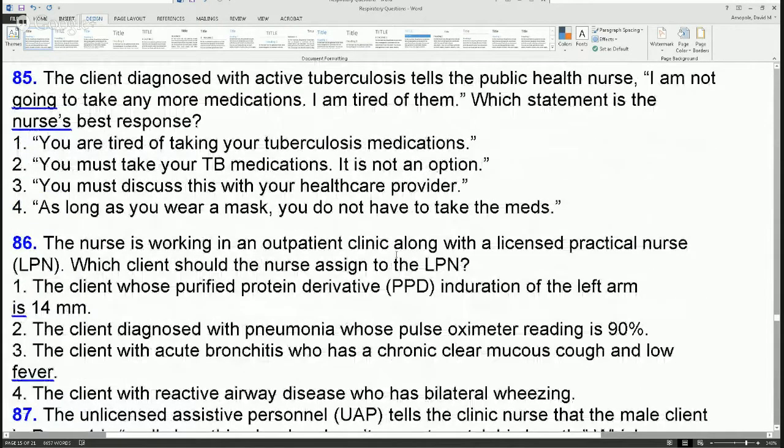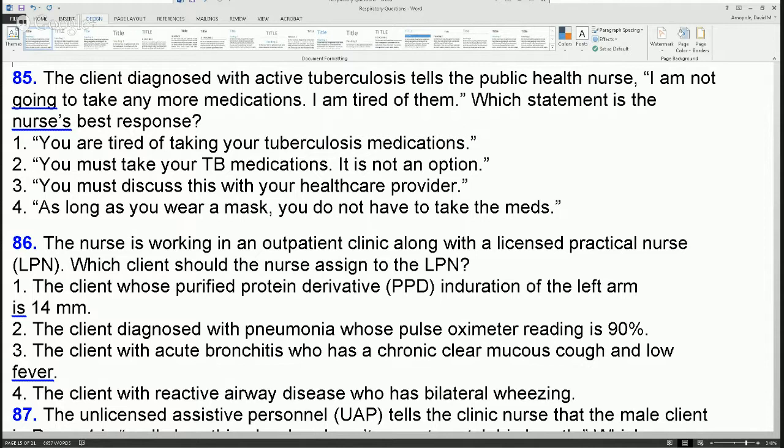Robert, the client diagnosed with active TB tells the health nurse, I am not going to take any more meds. I'm tired of them. What's the best response? Ooh, this is the Jeff answer. I guess one. It's not one. Really? You ain't gonna like this answer.